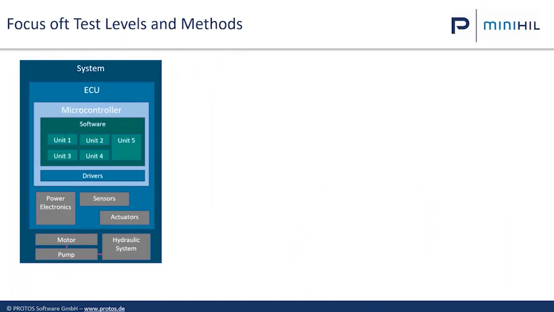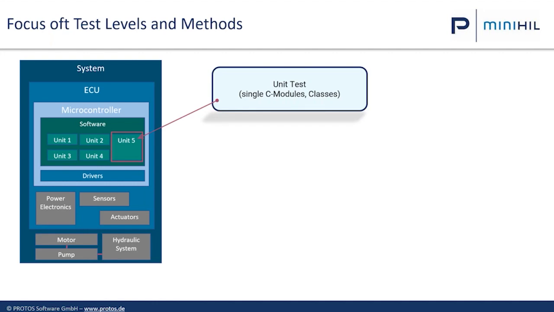So now let's have a look at the different test levels and different test methods you need to test those levels. So we have again the same system, with the hydraulic, the motor, the ECU, and so on. Usually you can start with a unit test for single software units, like a C module or a class. That's a unit test.